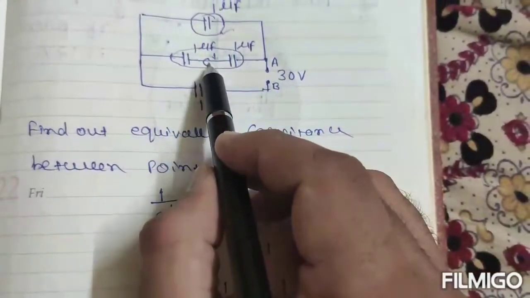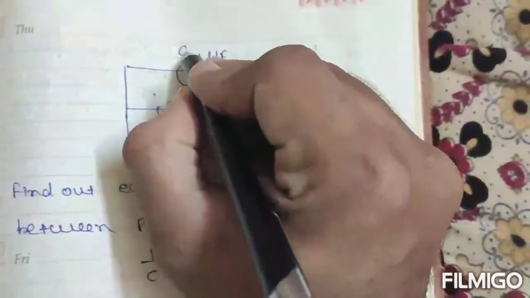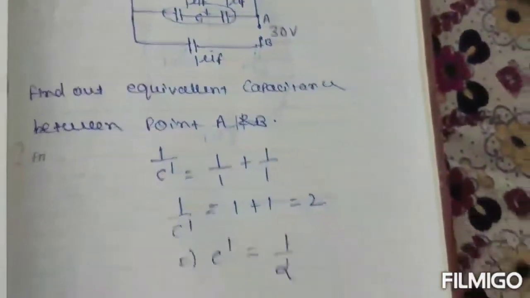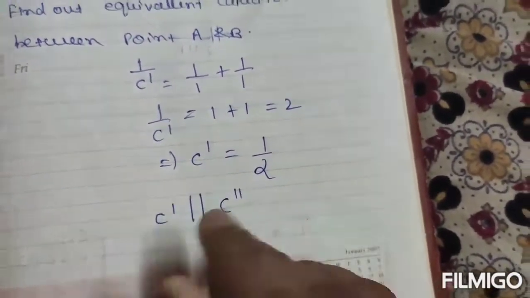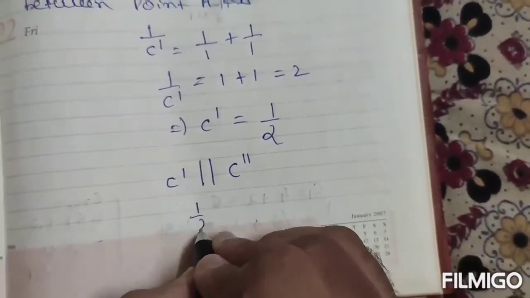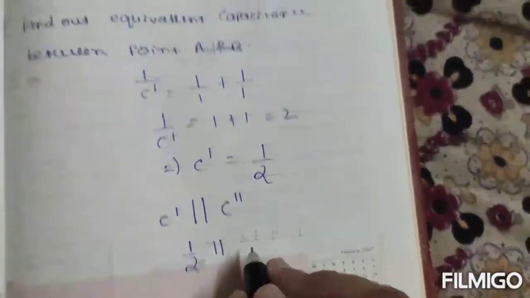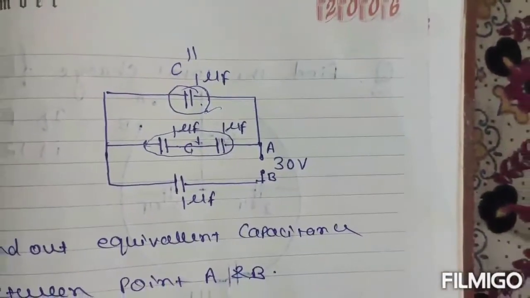Okay, I got this for this one only. Now this is parallel with this one, right? Let us take it as C double dash. Okay, so C dash is in parallel with C double dash, so we can write it as 1 by 2 is in parallel with 1 microfarad, right?